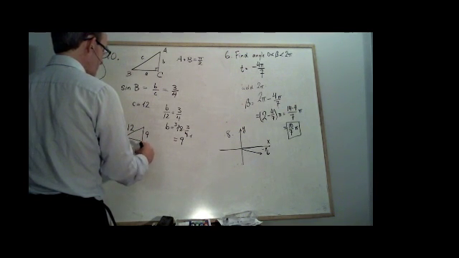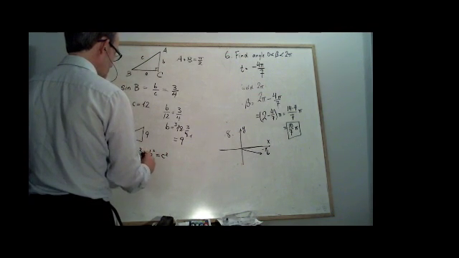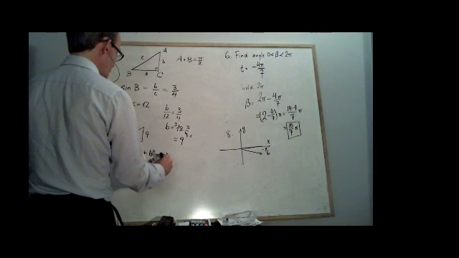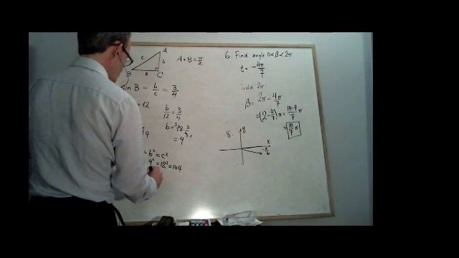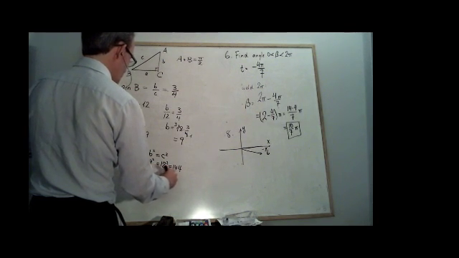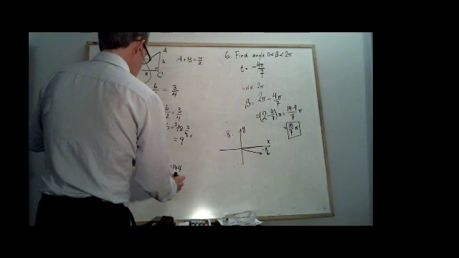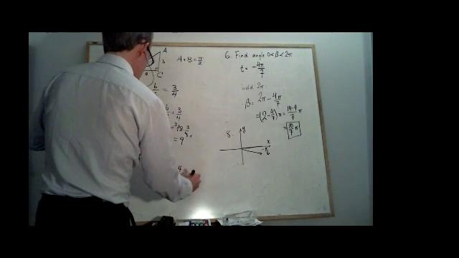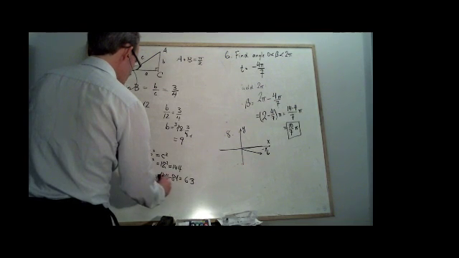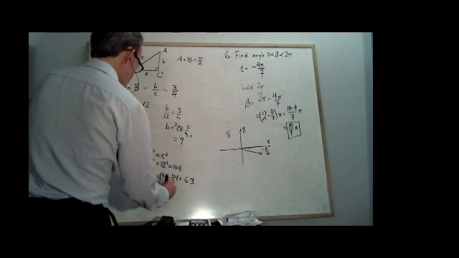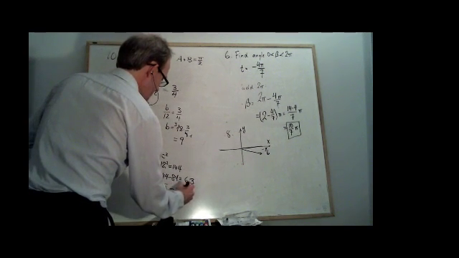Using Pythagoras' theorem, a squared plus b squared is c squared, so a squared plus 9 squared is equal to 12 squared, which is 144. a squared is then equal to 144 minus 81, and that's equal to 63. So a is equal to the square root of 63, which factors into 9 times 7. Take the 9 out and leave the 7 in. So that's 3 root 7.